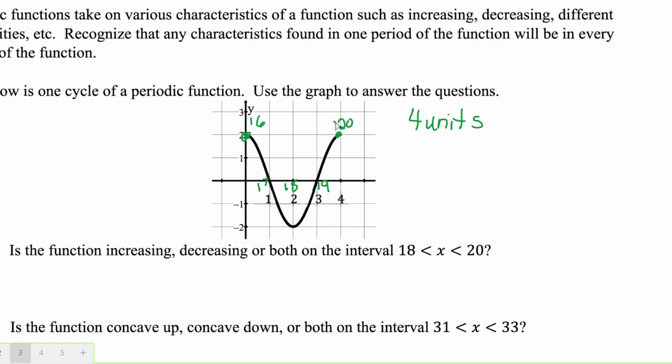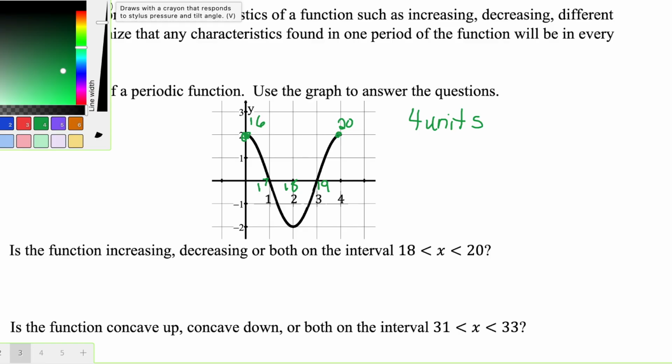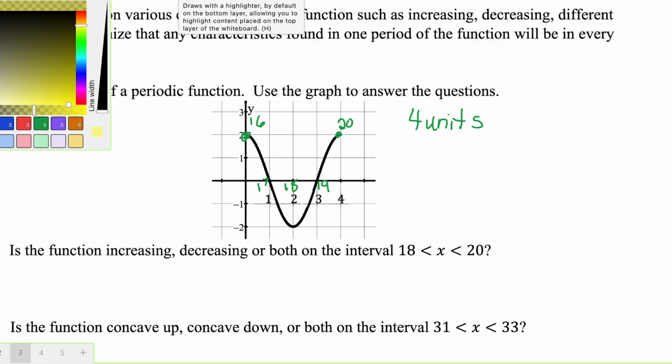So in the function, 18 and 20 is going to be right here.